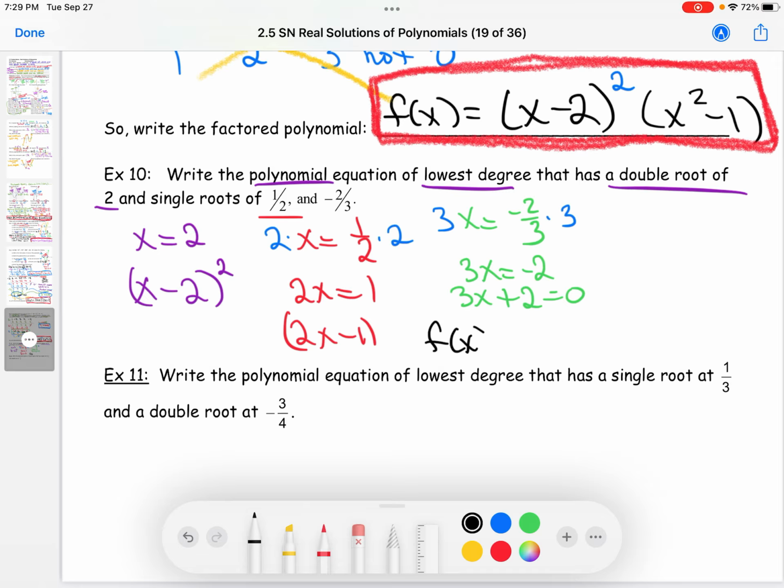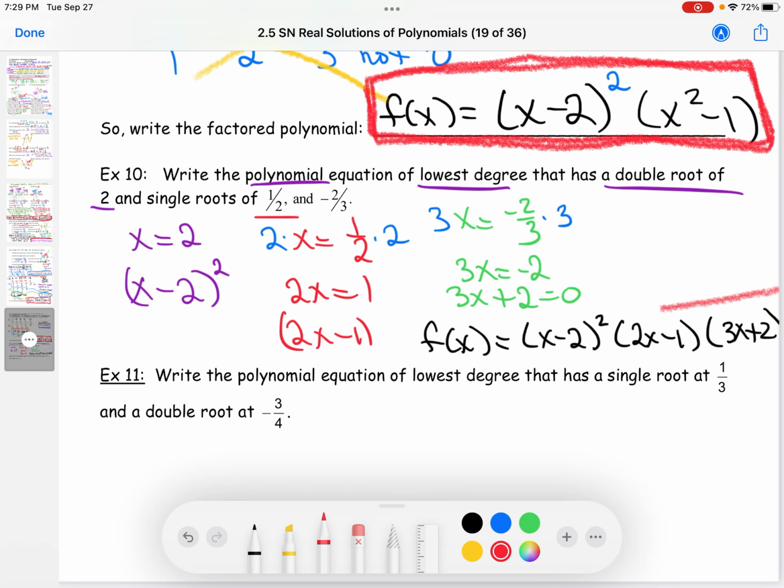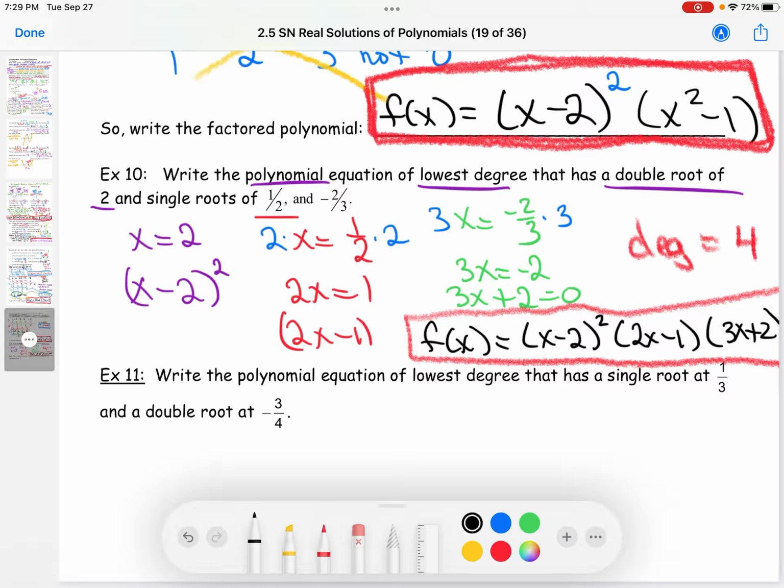So that's our factor. So our lowest factored form, f of x would equal x minus 2 all squared times 2x minus 1 times 3x plus 2. And this is our polynomial. It has a double root and 2 singles. That's a total of 4. So its degree is 4.